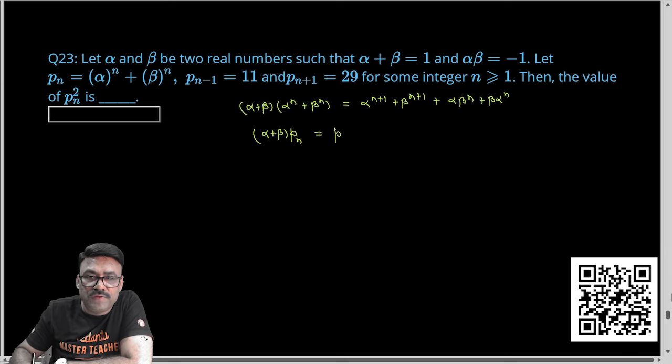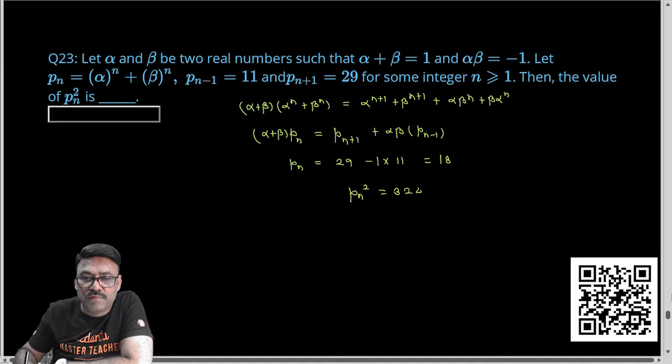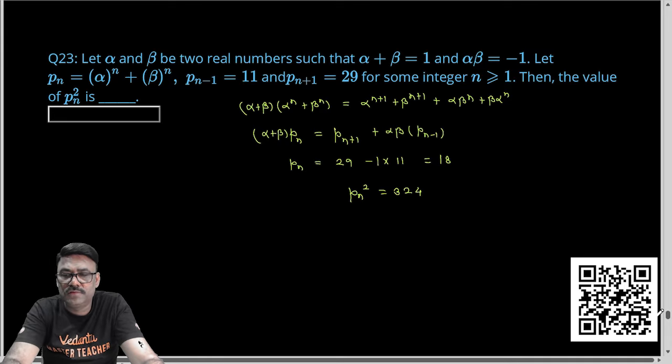This is Pn plus 1, and alpha beta taken common here, so Pn minus 1. Put the values. Alpha plus beta is 1, so it is Pn, and Pn I don't know, so let's keep it as it is. Pn plus 1 is given as 29, so 29 here. Alpha beta is minus 1. Pn minus 1 is 11. So it is 18. So hence Pn square is 18 square, which is 324. So 324 is the correct answer here.